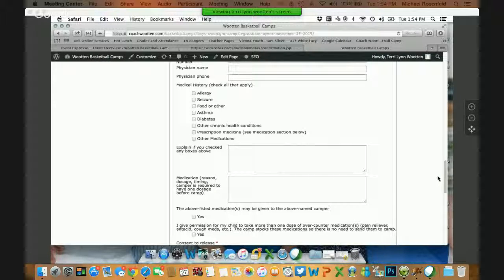If they register early and pick 2 sessions, then they would get minus the early registration discount plus the multiple session discount. And now for overnight camp only, the discounts are per week. For the day camp, the discounts are on total tuition.